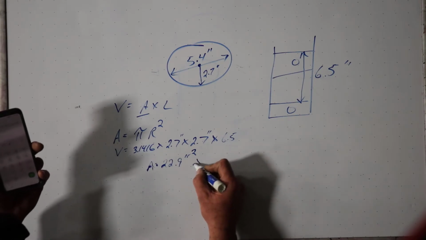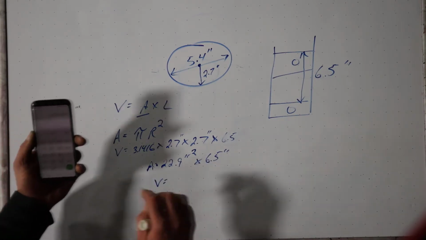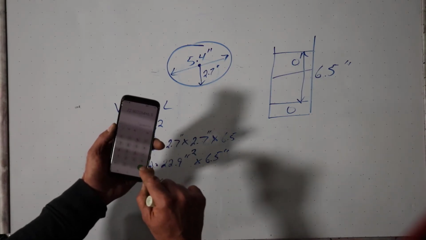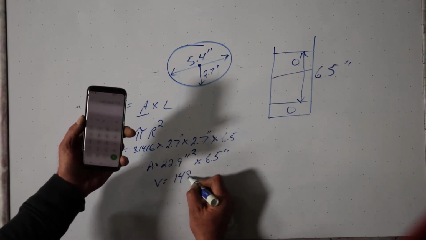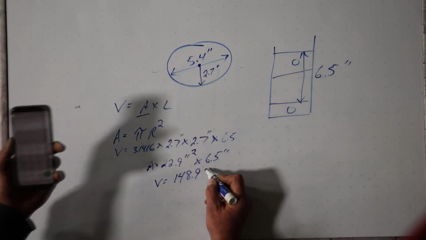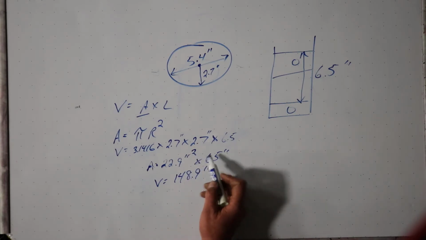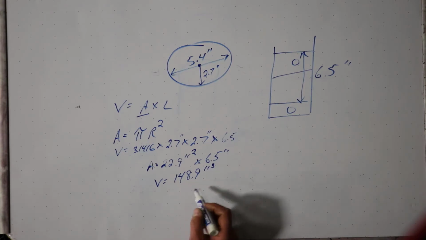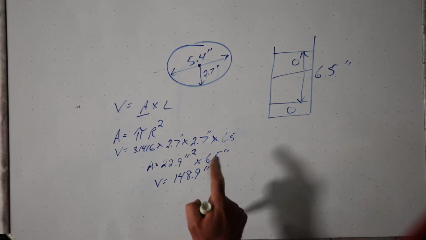The length is 6.5 inches. So the volume equals 22.9 times 6.5. That is 148.9 inches. This is squared times another inch, so now it's inches to the 3 or cube power. So this engine is 148.9 cubic inches per cylinder.